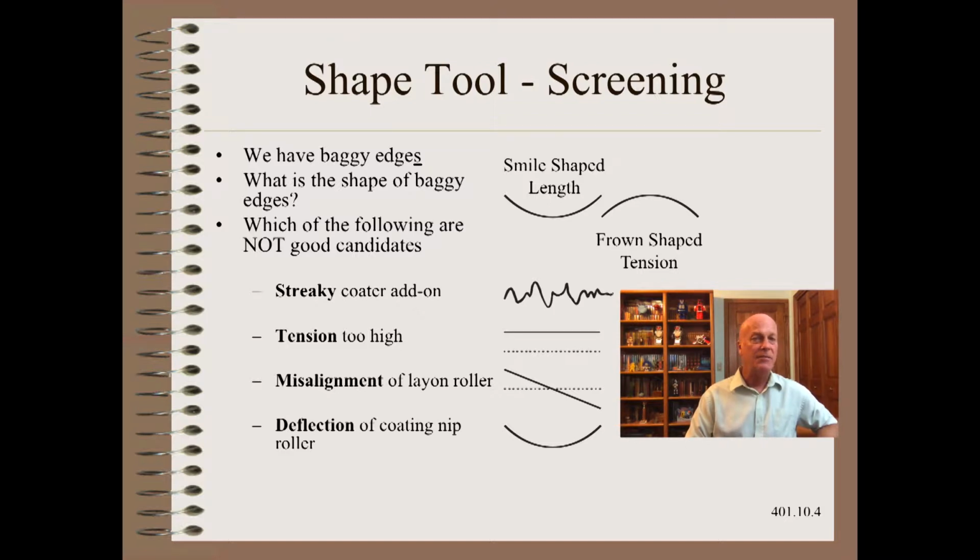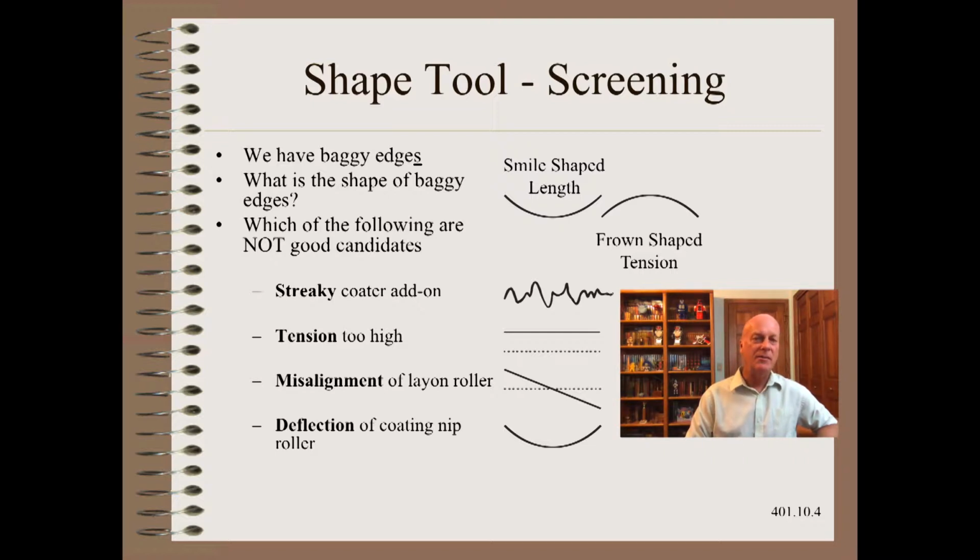As such, coder streakiness cannot be a root cause because it doesn't have the correct shape. Streakiness is, well, streaky, and in no way resembles smiles and frowns. Yes, streakiness could make the problems worse, but it cannot make them. Streakiness is neither necessary nor sufficient.